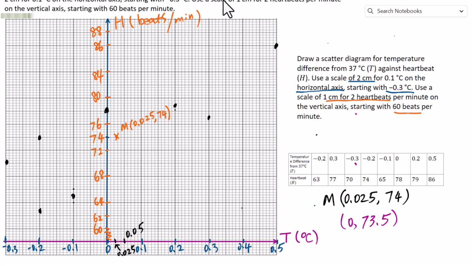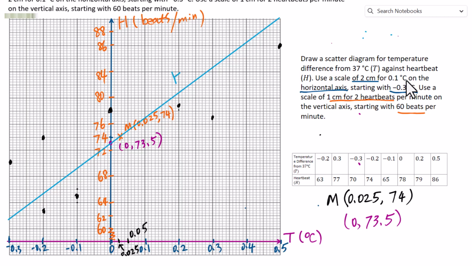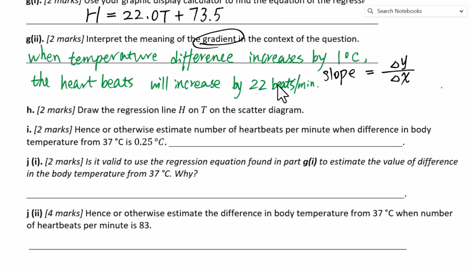This is 73.5 estimate over here. Then connect these 2 points. Then label H equals 22.0 T plus 73.5.